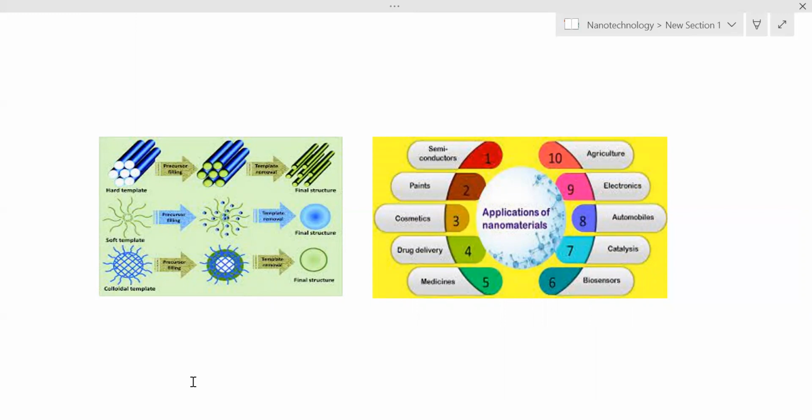So when we get the desired material, then only can we use it for the applications of these materials.